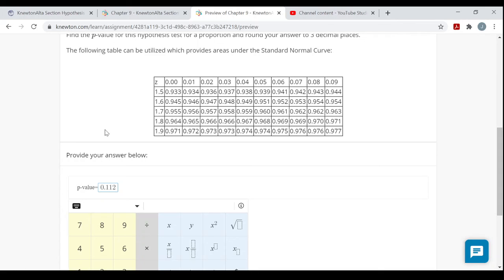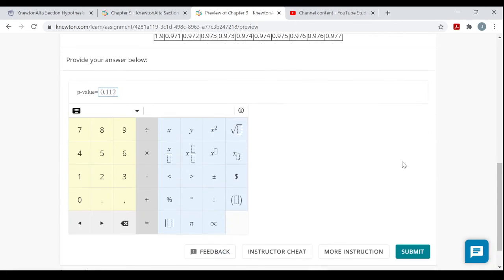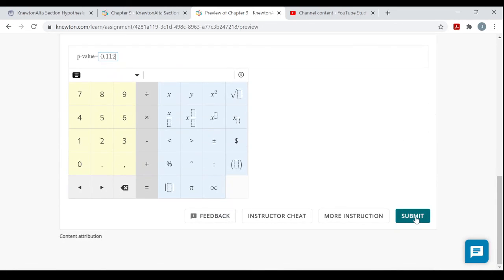Whatever alpha is, I assumed it was 5%, and the p-value is 11.2%. That's greater than alpha. And if the p-value is greater than alpha, you don't reject the null hypothesis. If the p-value is less than or equal to alpha, you reject the null hypothesis. And then you make a conclusion, do you have enough evidence to support the claim or not based on that? But all we're asked for here is a p-value.